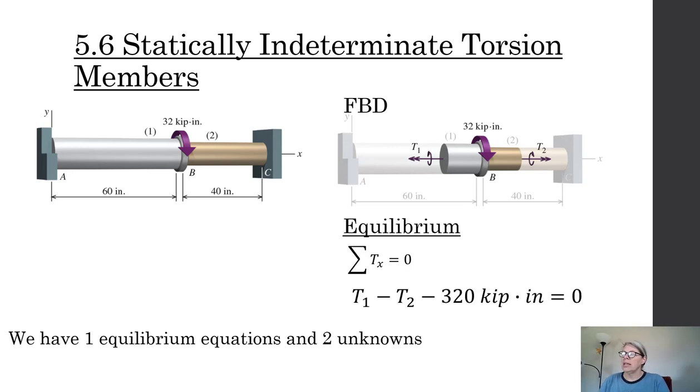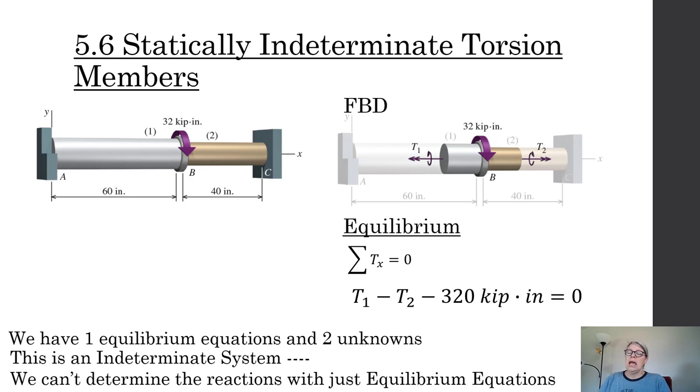If we are in pure torque, we can sum our torque, and that sum should equal 0. So we find that T1 plus T2 equals 32 kip inches, but we can't sum normal forces, moments, or shear in order to get that extra set of equations. So what are we going to do?